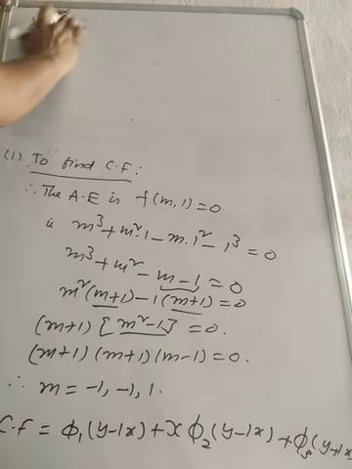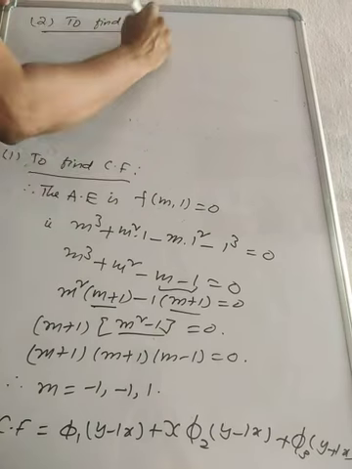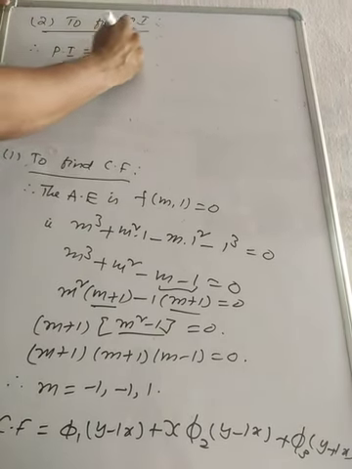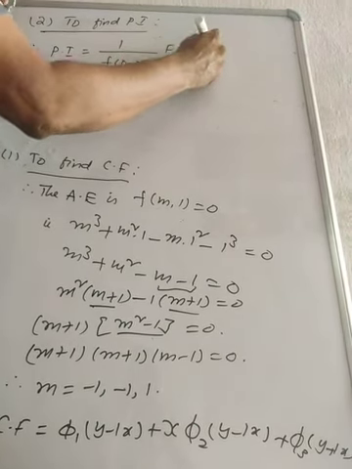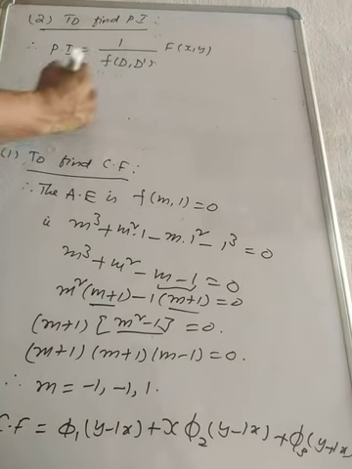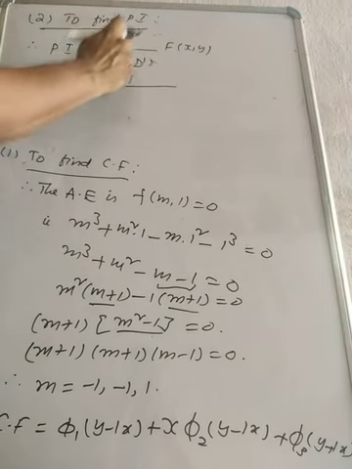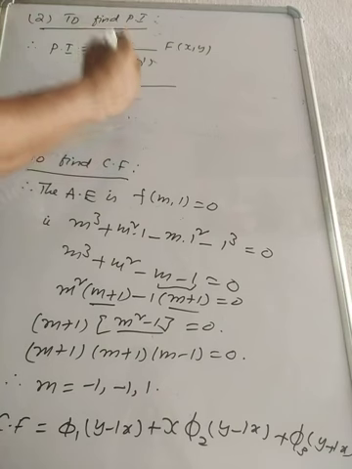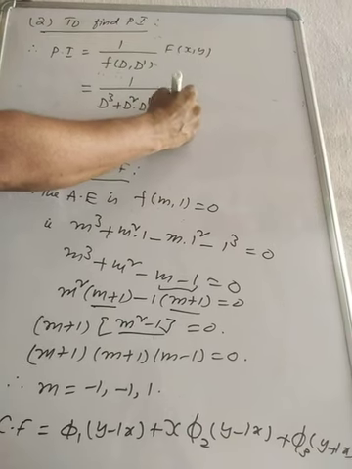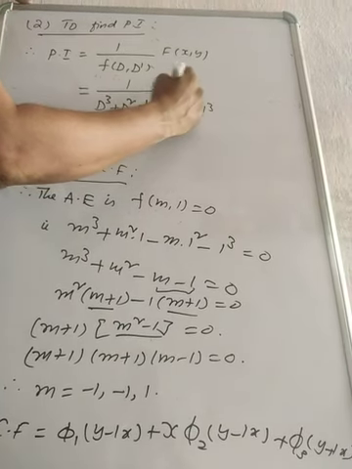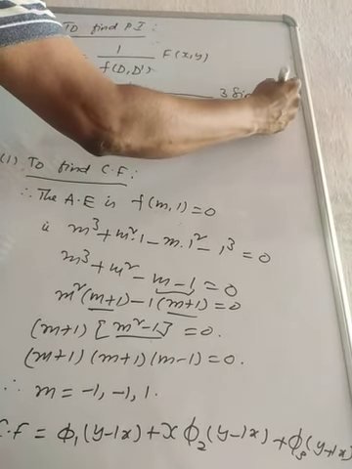To find the particular integral: particular integral equals 1/f(D, D') F(x, y), that equals 1/(D³ + D²D' − DD'² − D'³) of 3 sin(x + y).